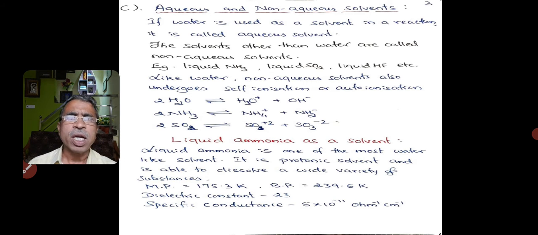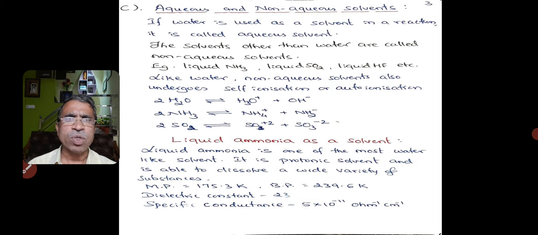Now let us study in detail liquid ammonia as a solvent. Liquid ammonia is one of the most water-like solvents. It is also an example of a protonic solvent and is able to dissolve a wide variety of substances.